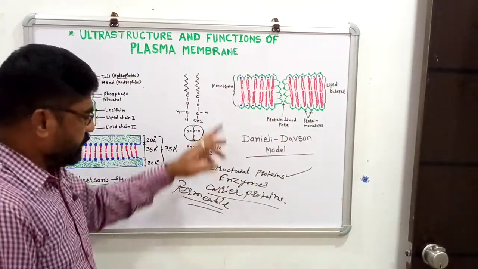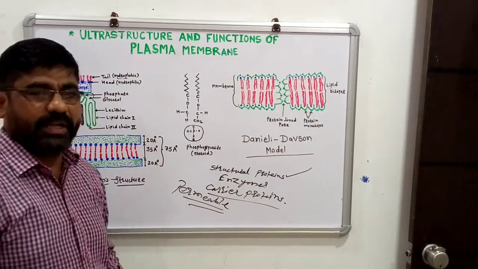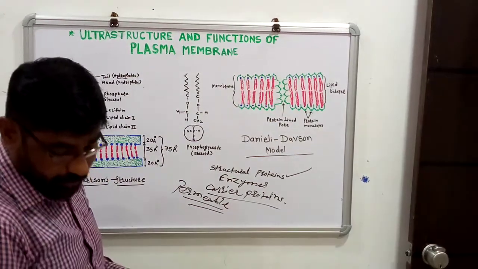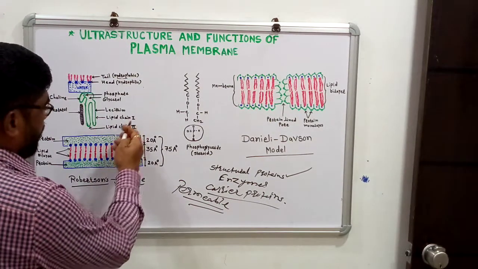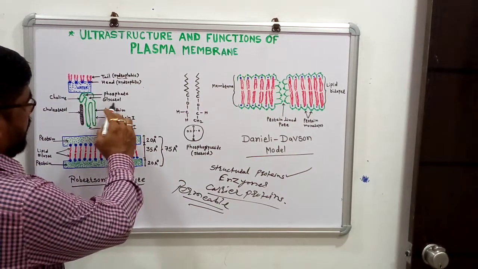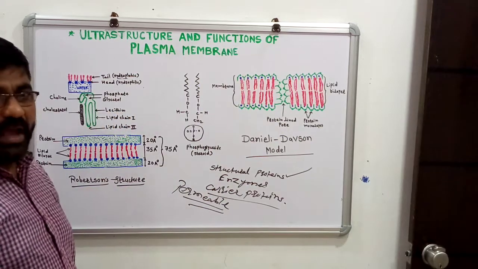So the formation of the proteins takes place in the formation of the plasma membrane. If we observe, there is lipid chain first, lipid chain second, and cholesterol, as well as glycerol in the form of the glycoprotein and glycolipid structure.